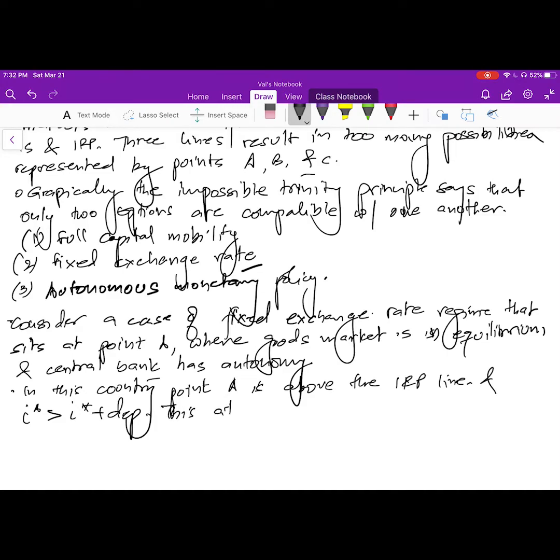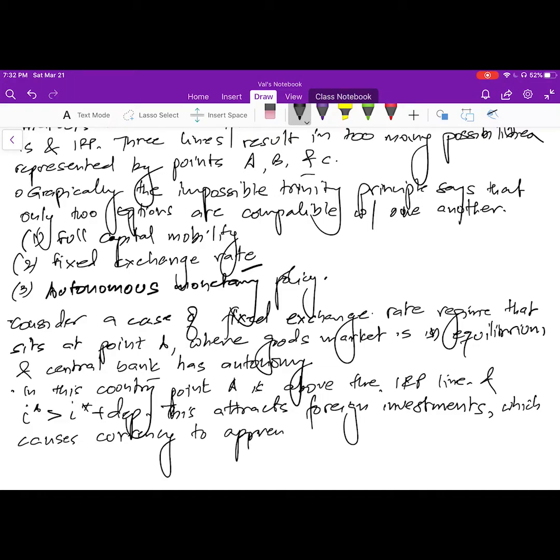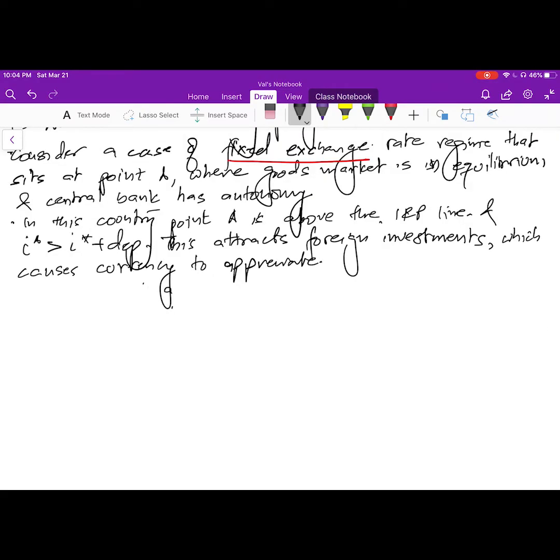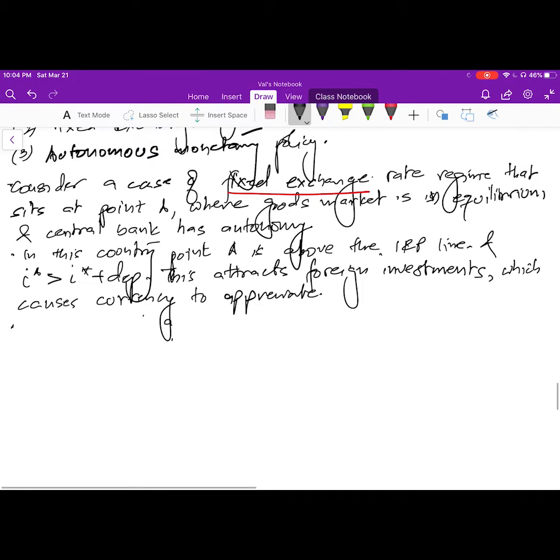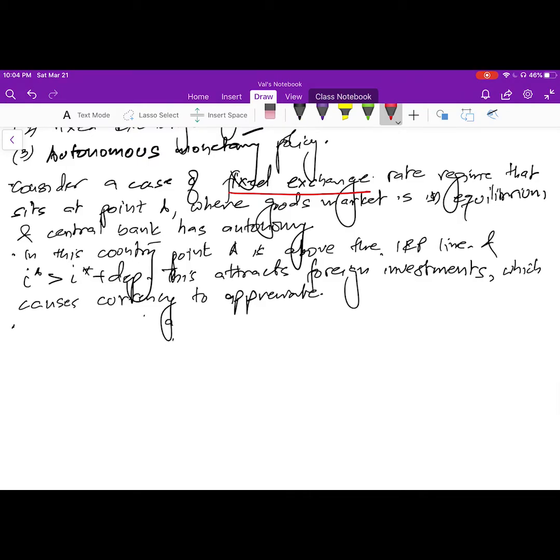This attracts foreign investments, which causes the currency to appreciate. But the currency cannot really appreciate in this economy because this is a fixed exchange rate regime, as we see here.